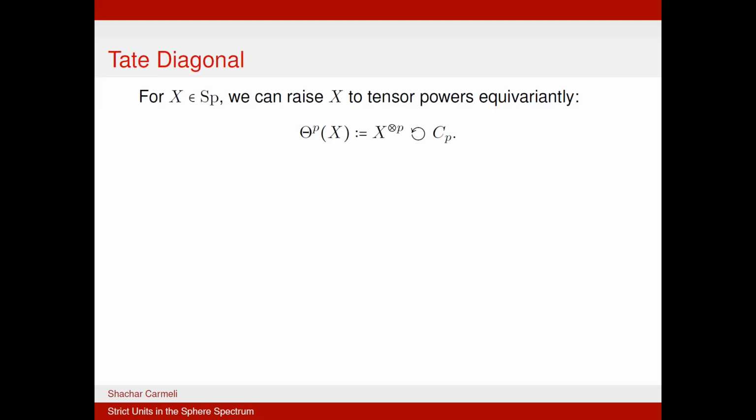Another interesting feature of the Tate construction is the so-called Tate diagonal, which is something very special to spectra. Let me abuse notation a little bit, and let Theta P of X, for X a spectrum, be the total P-th power, remembering only the cyclic action and not the whole Sigma P action on it, so only cyclic permutations of the terms.